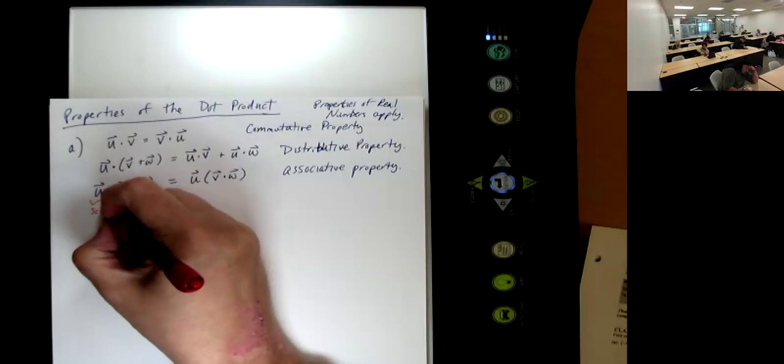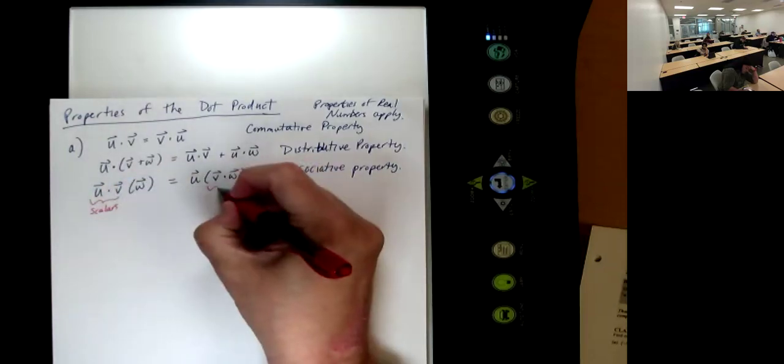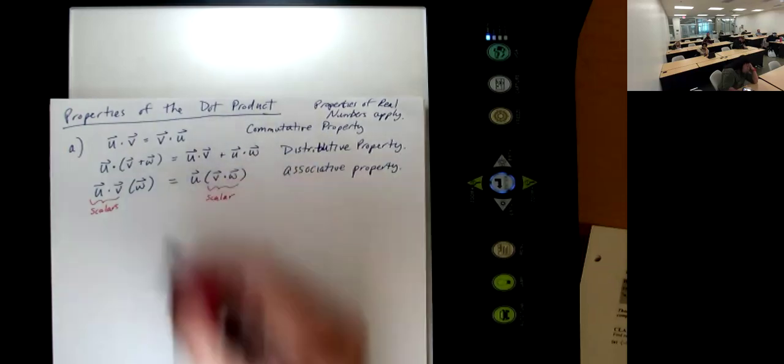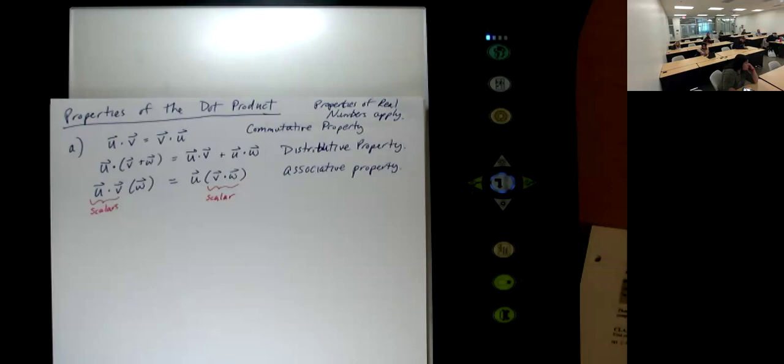Remember, these values end up turning into a scalar. So it's not a dot product between u and the parentheses. You do one dot product and then that outcome is a number, not a vector, and you just multiply.